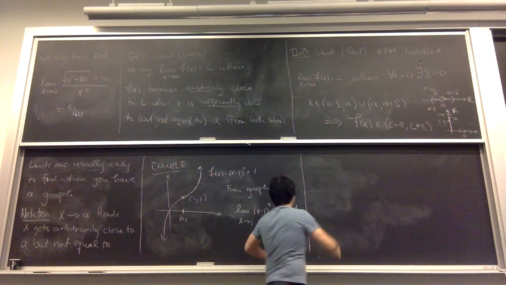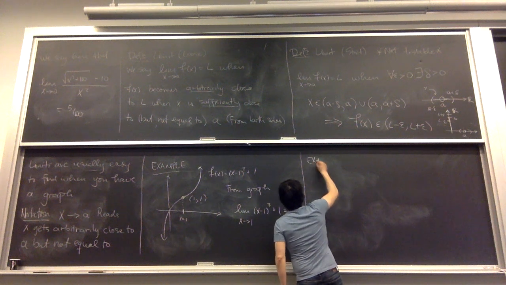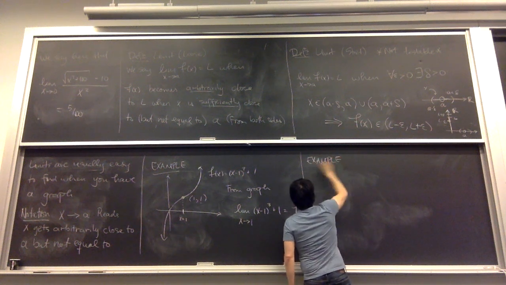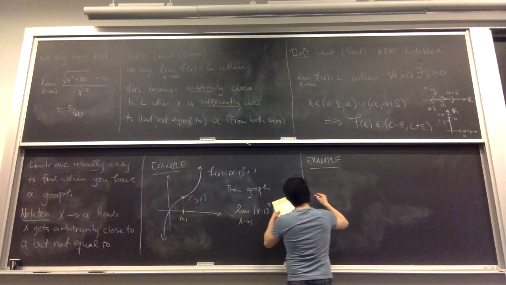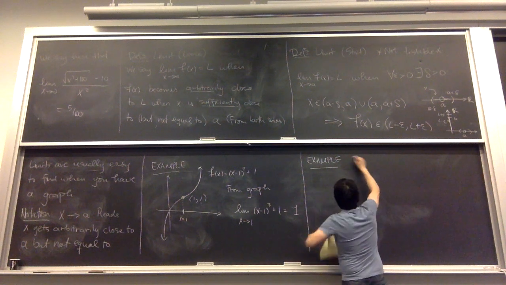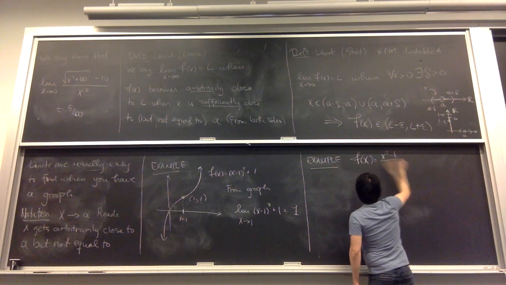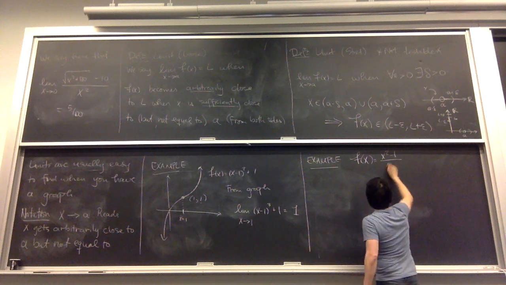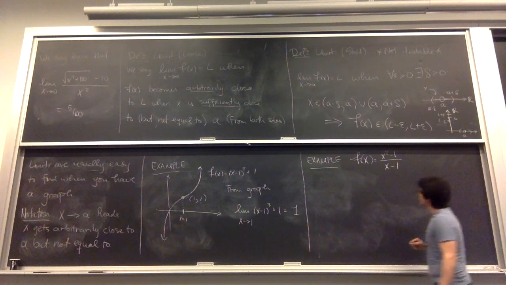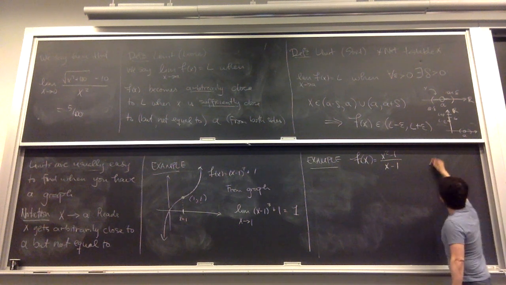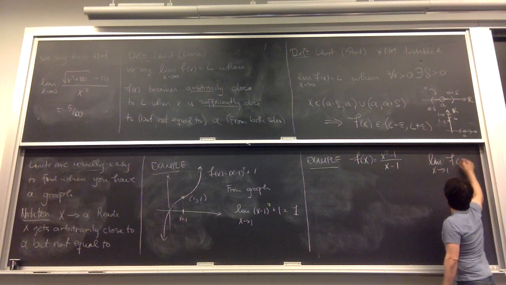Here's another example. Let's look at this function. f of x is equal to x squared minus 1 over x minus 1. And let's find the limit as x goes to 1 of this function.